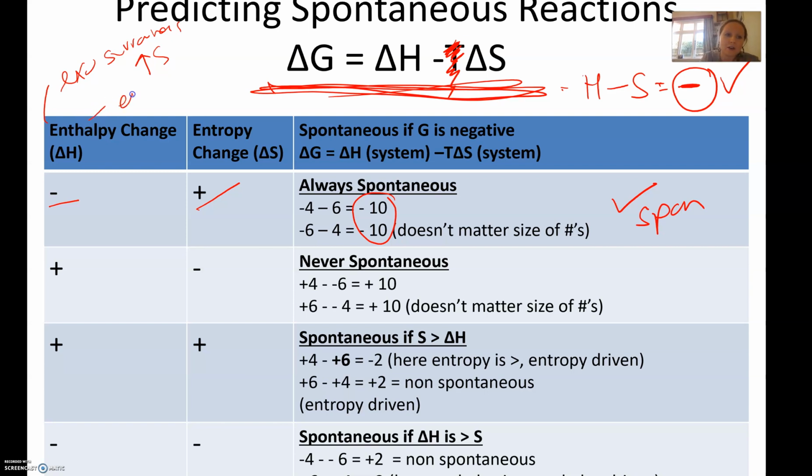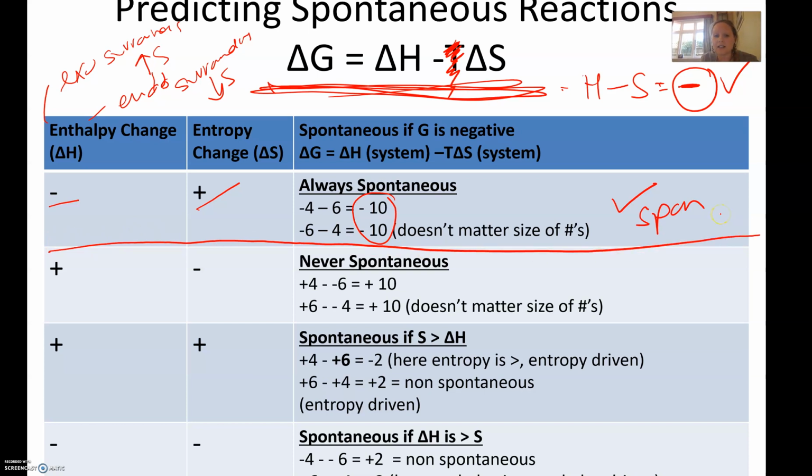And if it's endothermic, then the surroundings are always going to lose entropy because energy is being absorbed, the particles are moving slower with less kinetic energy, so less disorder, less entropy. So we already know that if you have positive entropy of surroundings and positive entropy of system, that it's going to be spontaneous. And this is me just mathematically showing you that that is the case.